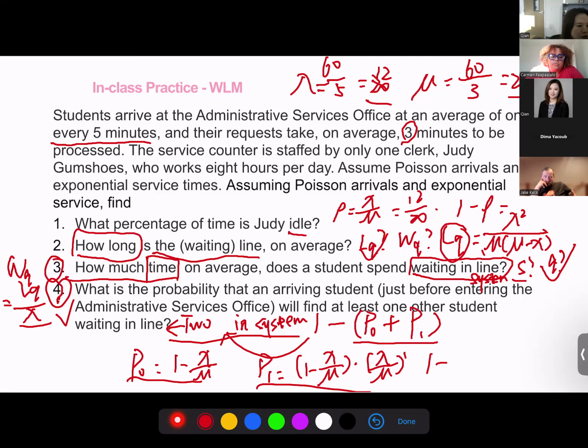You always need to involve P0. Because this is the full picture: P0, which means nobody waiting, and 1 waiting, 2 waiting, until n waiting, equals 1. So when you consider at least 2, at least 3, then you always need to consider 0. Okay? Very good question.